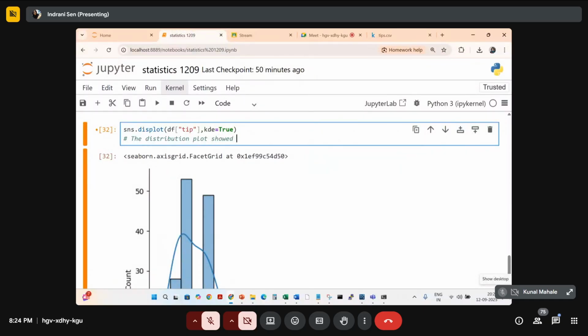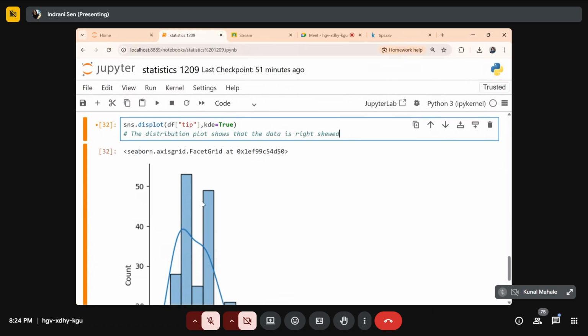Okay. Shows that the data is right skewed. So right skewed means positively skewed. That means it will be positive.